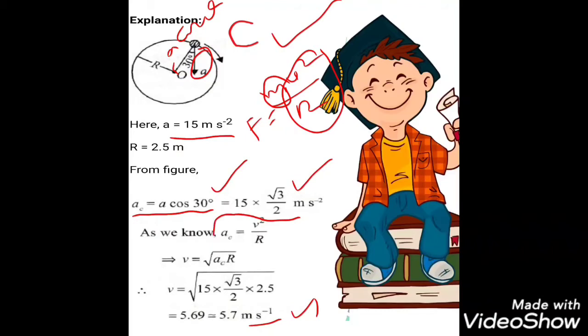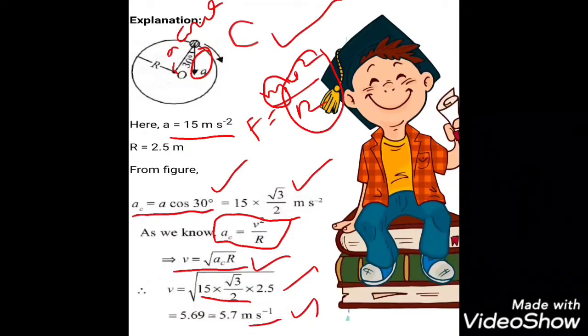So centripetal acceleration is equal to v square by r. That means v is equal to square root of centripetal acceleration into radius. The component of centripetal acceleration is 15 into root 3 by 2, into radius 2.5. If you multiply, you will get 5.7 meter per second. So option C is the correct answer.